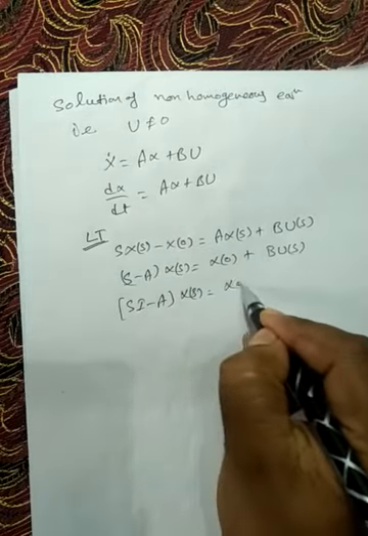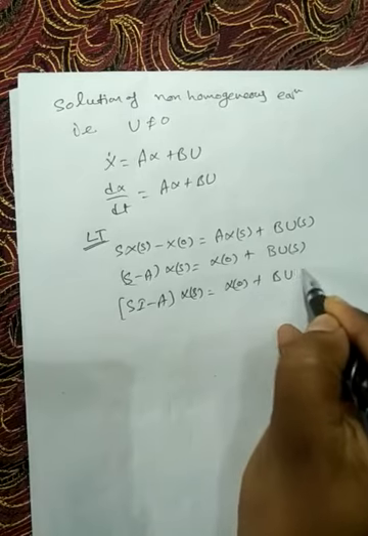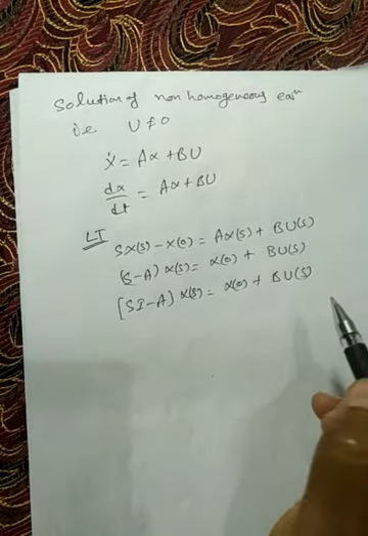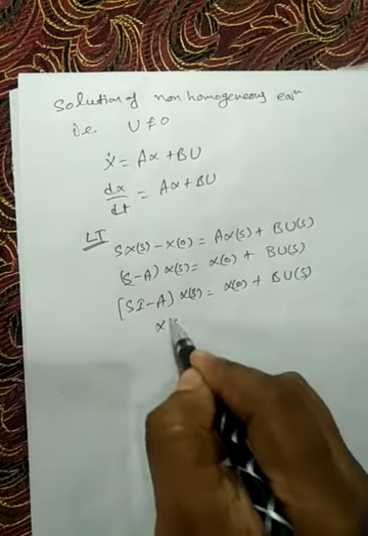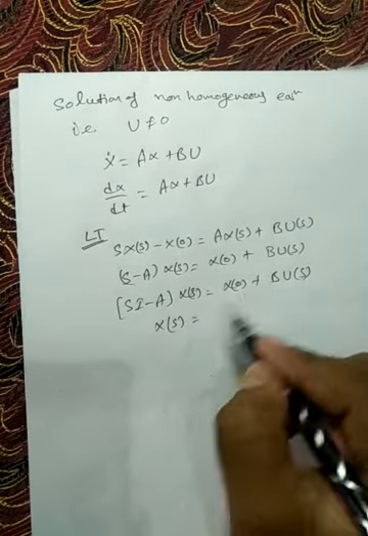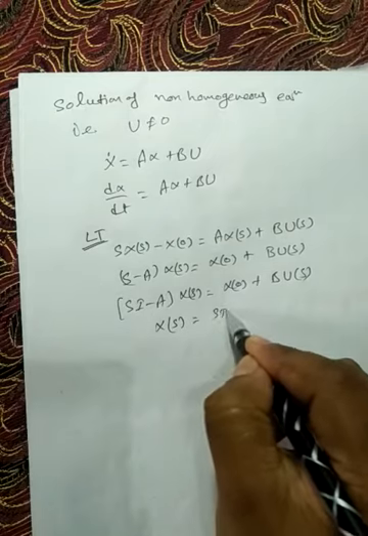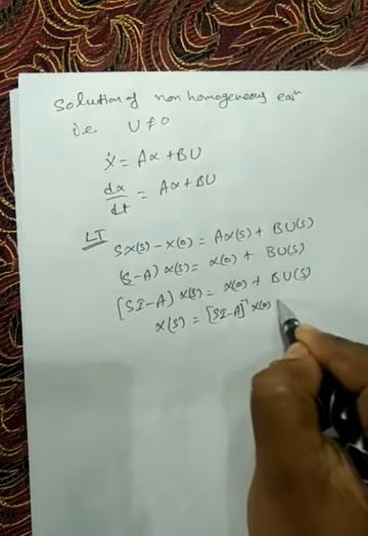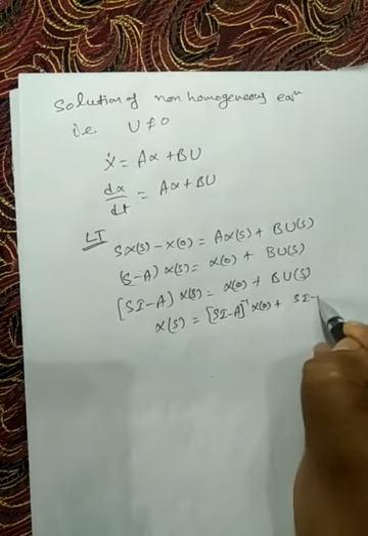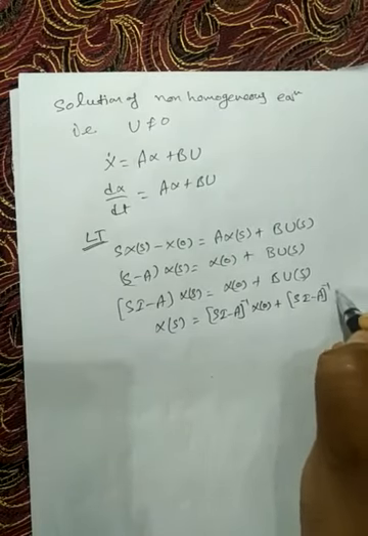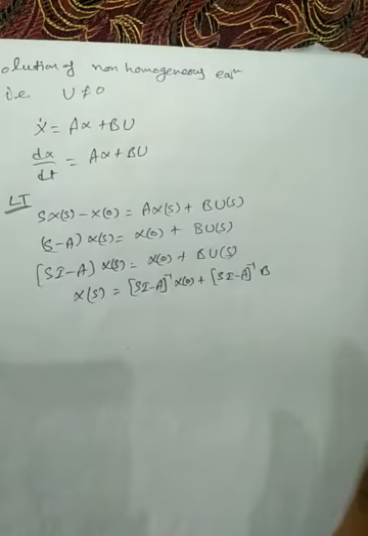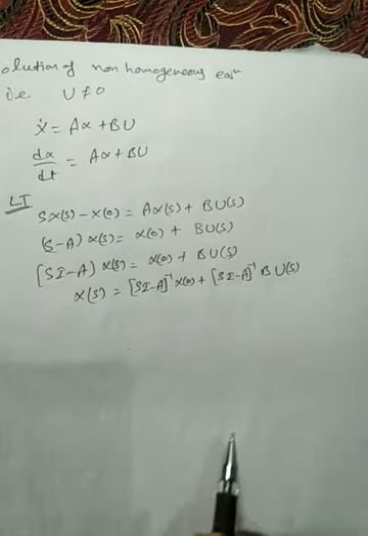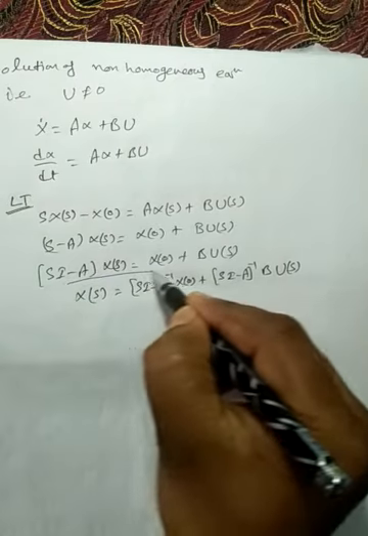Or X(s) is equal to (sI minus A) inverse x naught plus (sI minus A) inverse BU(s). First expression.